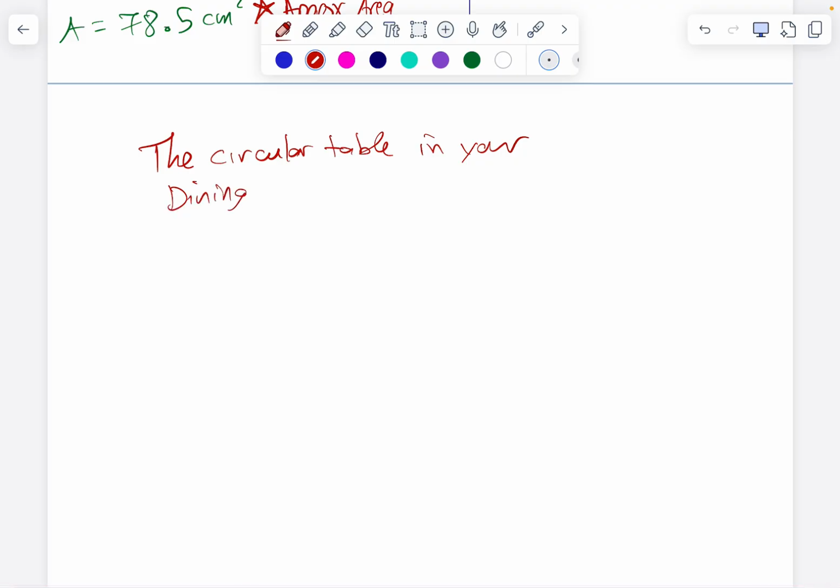So the circular table in your dining room needs refinishing.